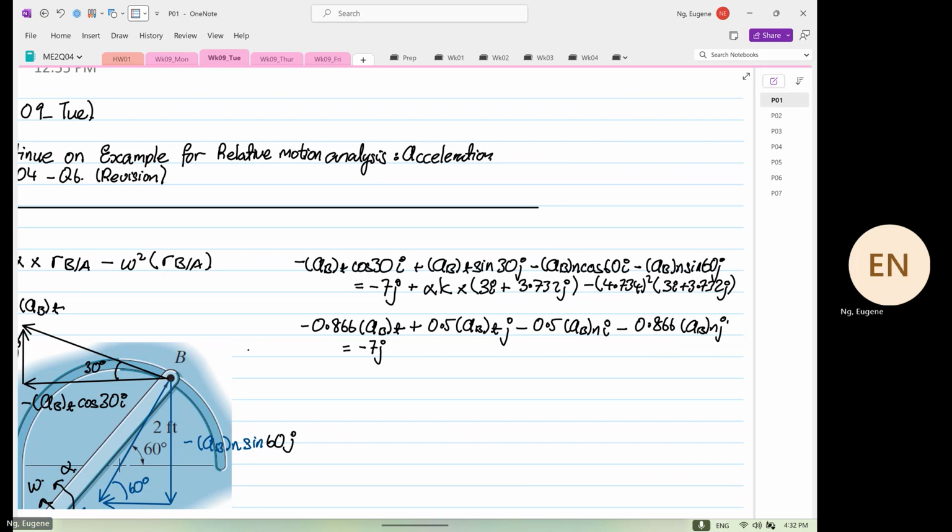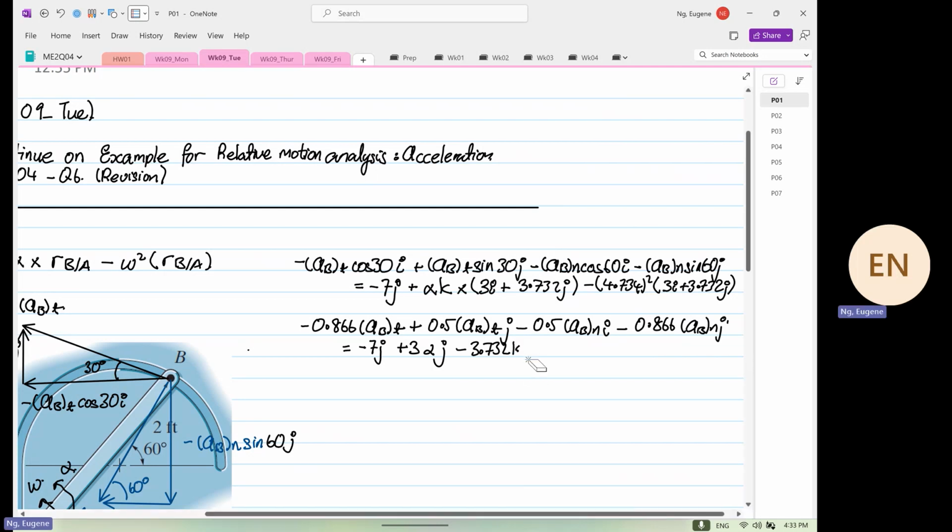Alpha is going to be positive, so K cross I is positive, both are positive, so plus 3 alpha J. K cross J is minus, so this is minus 3.732 alpha in the I direction.